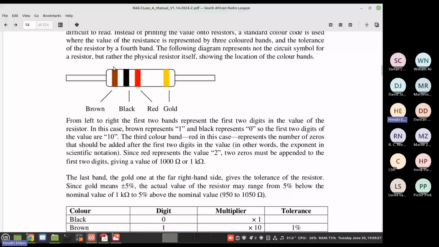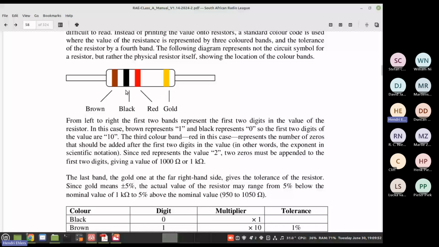Your first color, you write down on the paper. The second color, you write down on the paper. And the third color is your multiplier, and that is simply the amount of zeros you add on to the end. So in this resistor's case, it's got gold at the end.